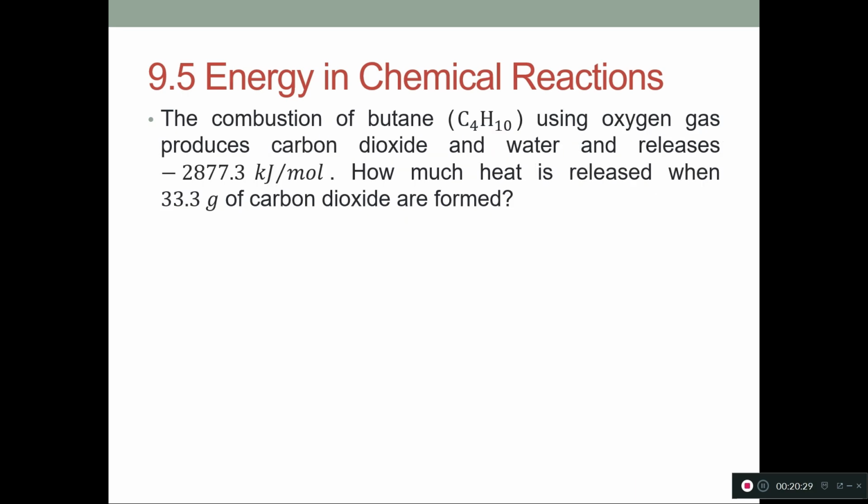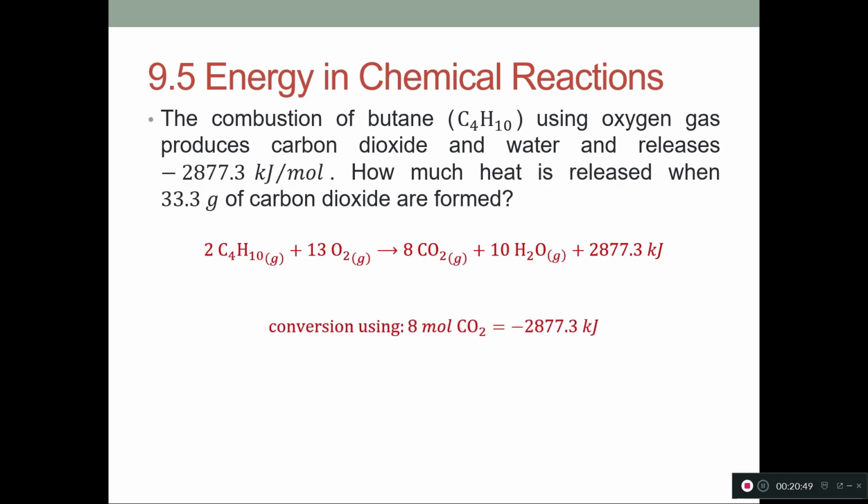Then if we look at this for the combustion of butane, this will release minus 2,877.3 kilojoules per mole. We want to know how much heat is released when 33.3 grams of carbon dioxide are formed. So again, we want to get our balanced chemical equation, where again, this is exothermic, so our heat is in the products. We can use this conversion factor here, where we have 8 moles of carbon dioxide produced for every minus 2,877.3 kilojoules.